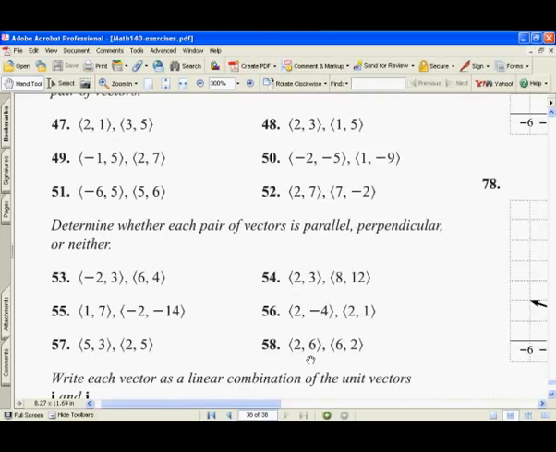And let's go to page 612, and we look at problem 54. We need to determine whether this pair of vectors is parallel, perpendicular, or neither. Before we can do this problem, let's talk about two more special cases for the angle between two vectors.